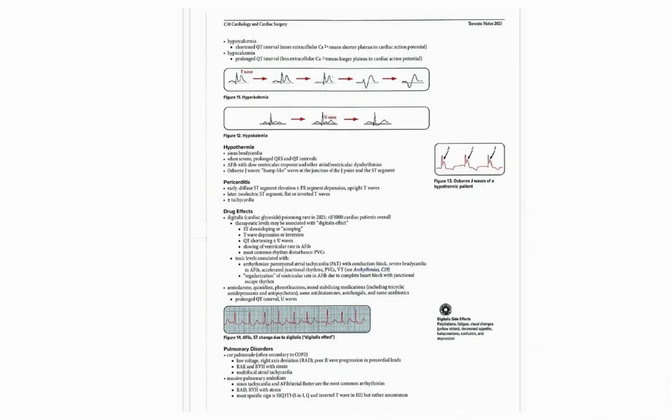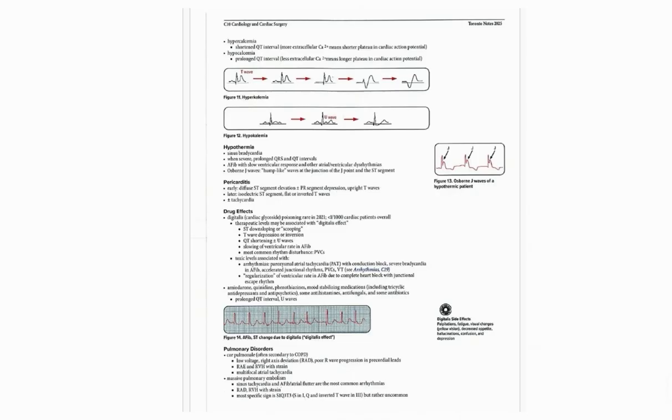Pericarditis. In pericarditis, the ECG changes occur in stages. In the earliest stage, you will see diffuse ST segment elevation affecting many leads, PR segment depression, and upright T waves. Unlike myocardial infarction, the ST elevation is widespread rather than confined to one coronary territory.